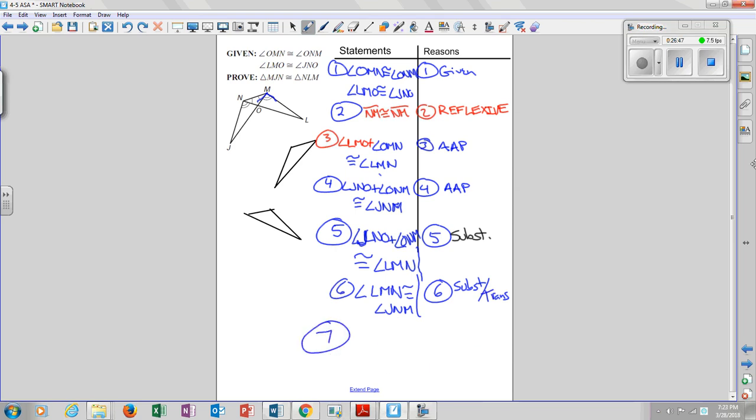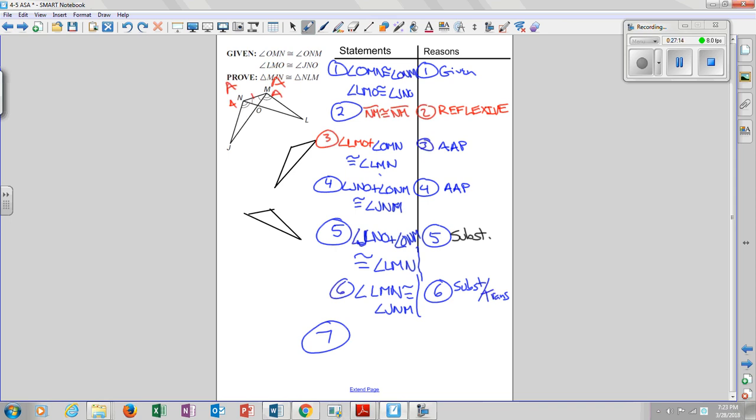Now for our final step, we know that JNM, this angle JNM, is congruent to LMN. We know that the small angle inside, angle NMJ, is congruent to angle LNM.